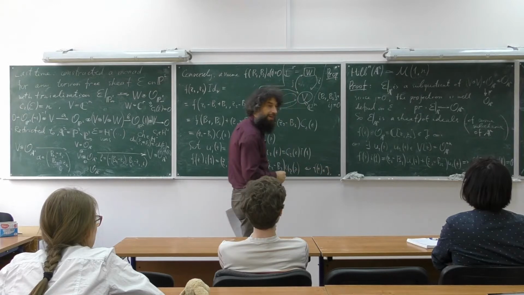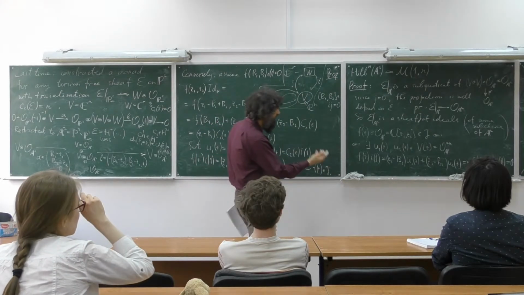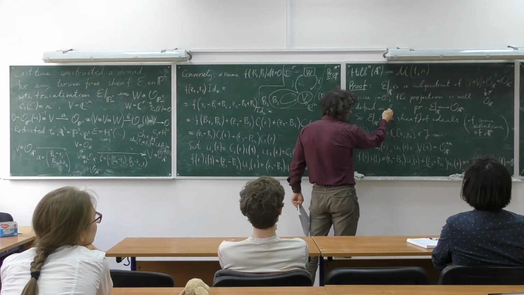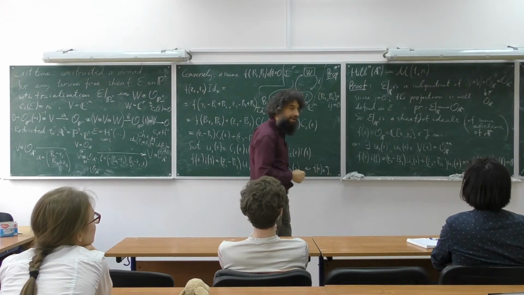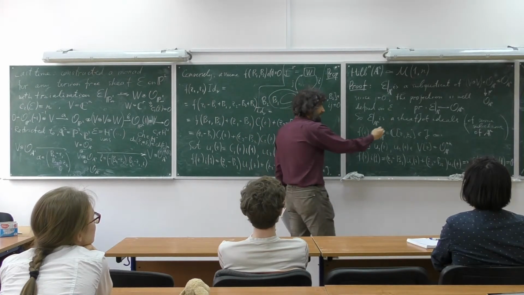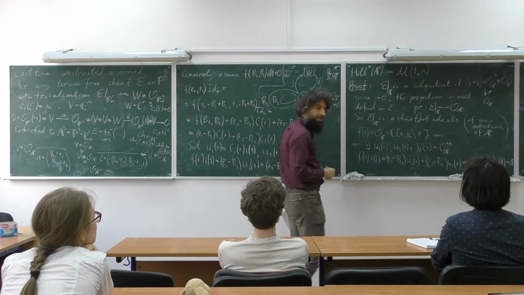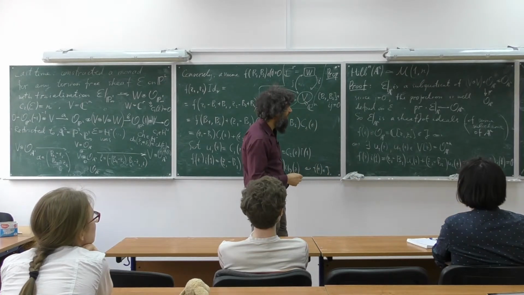And starting from this rank 1 torsion-free sheaf E, we obtained an ideal, J, just by projecting E.